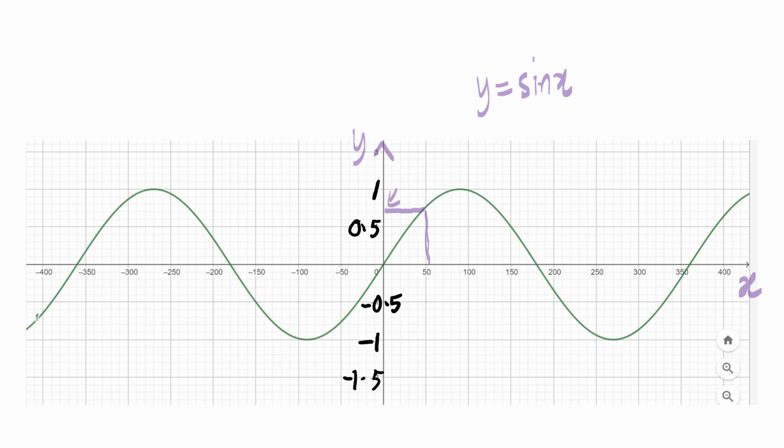So what we're going to do now is solve this equation: sine x equals 0.5. We want to find out what are the possible angles of x that will give us the ratio 0.5.